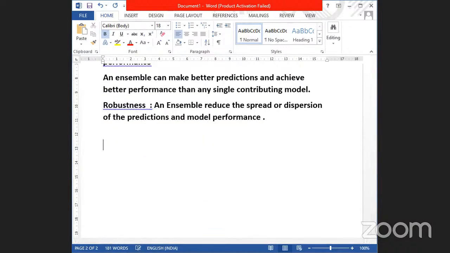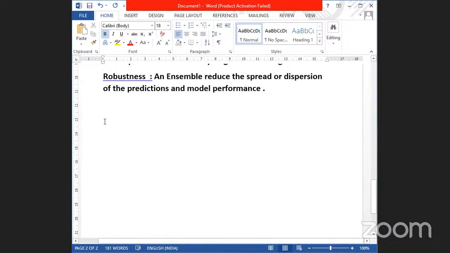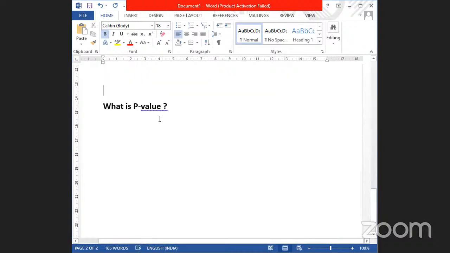Okay, so our next question will be, these are some basic questions and they have already asked, what is a p value? Please write the answer in the comment below.